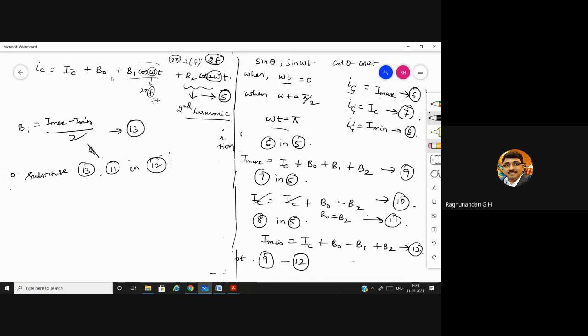On substitution we get Imin is equal to IC plus B2 minus Imax minus Imin by 2 plus B2. Now you can add these, and on rearranging you get 2B2 is equal to Imin minus IC plus Imax minus Imin by 2.